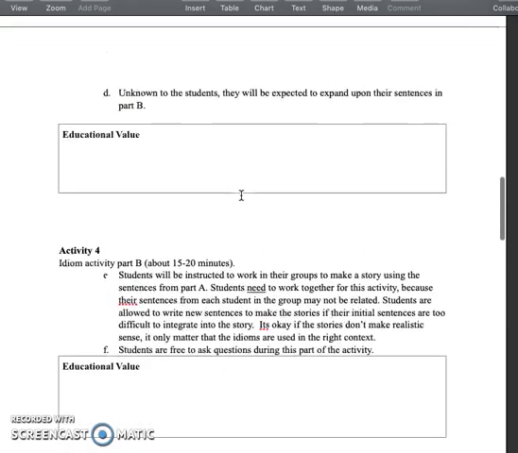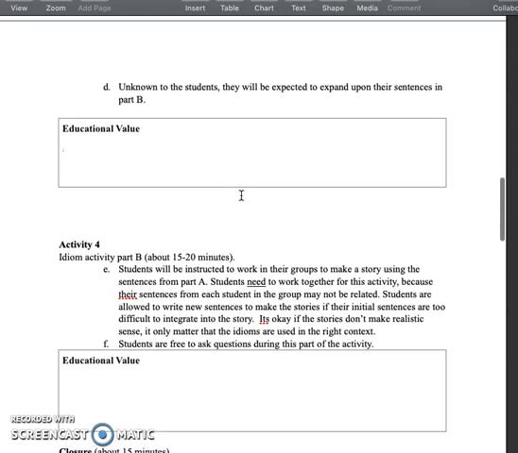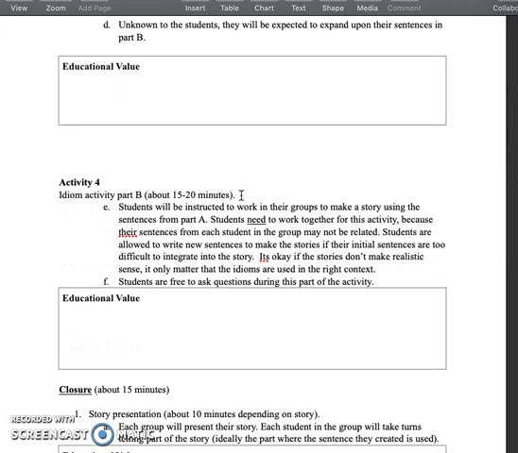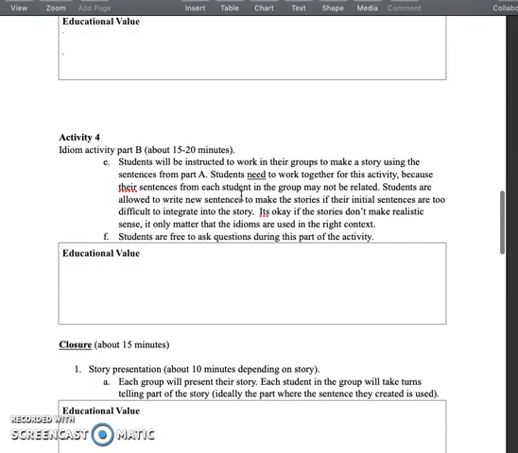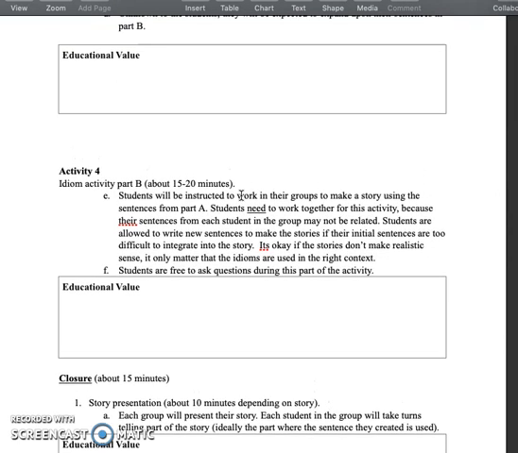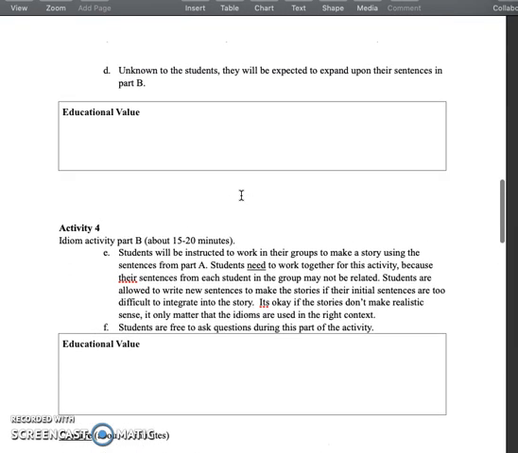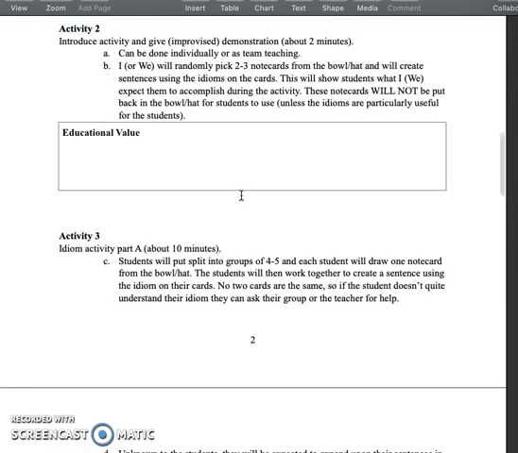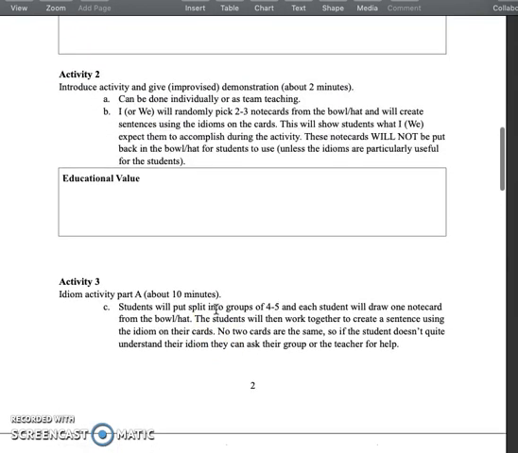And then I think that this lesson kind of has both the PPP and the ESA format. Presentation would definitely be activity 2, which I moved to activity 3.